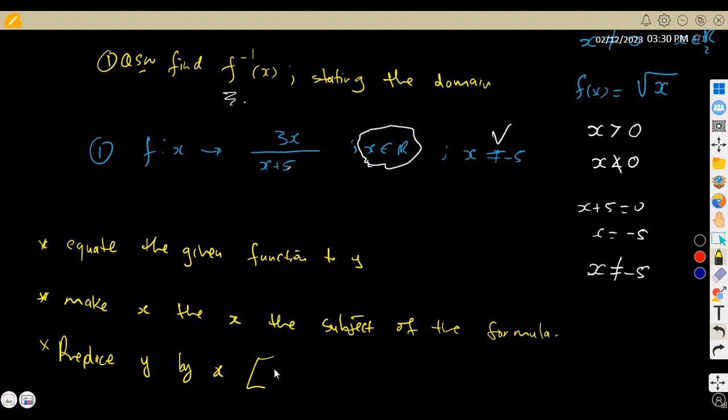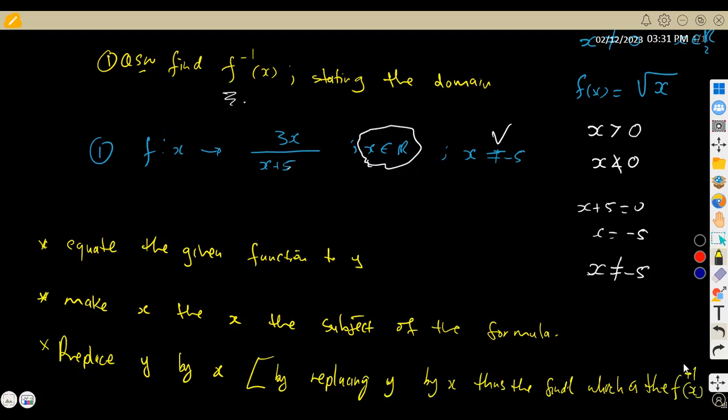That's the inverse of the function. So guys, do not mind my grammar, okay?